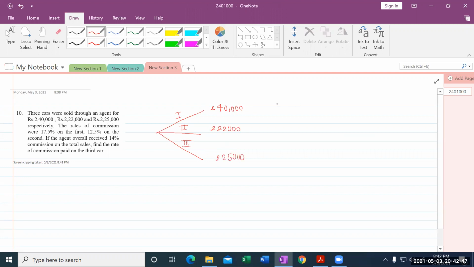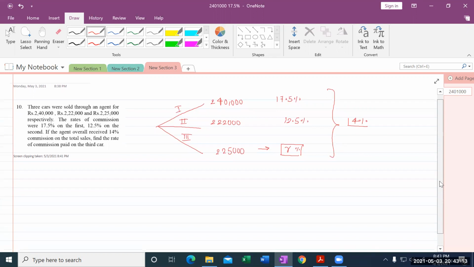Commission on the first car is 17.5%. Commission on the second car is 12.5%, and overall commission is given as 14%. We want to calculate the commission on the third car, and I'll assume that the rate of commission on the third car is R%, and that R we have to calculate.